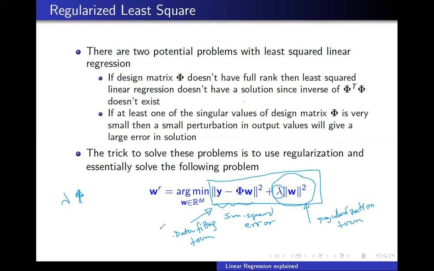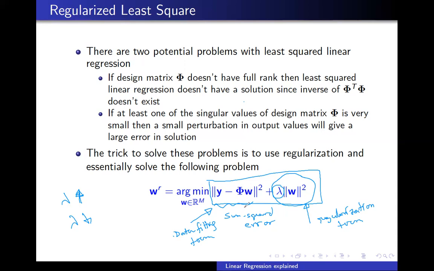On the other hand, when lambda is very, very small, even though the norm can be very large, the second term is not going to influence the sum that much. Then in order to minimize the sum of these two terms, we essentially make sure that the first term is as small as possible.